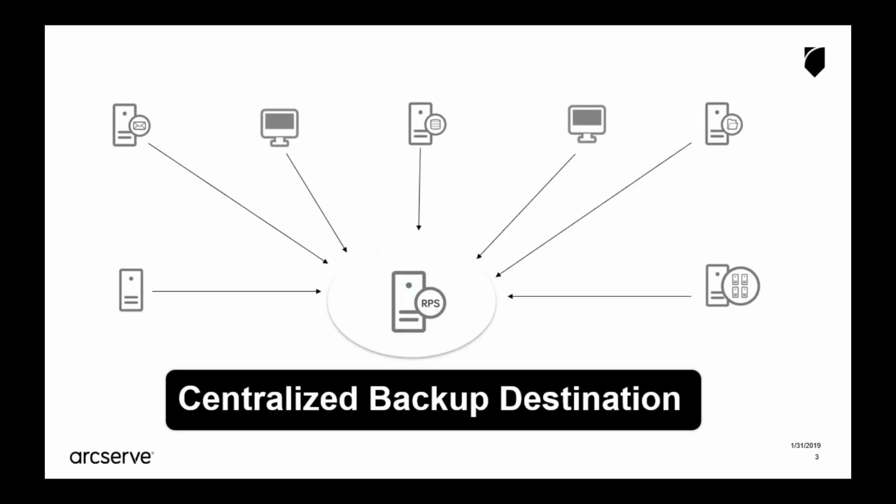To learn about deduplication, first we'll learn about the RPS server. The RPS is a centralized backup destination, which means it is used to store the data of all your servers in the organization, like Exchange server, SQL server, file servers, or any clients. So this will be the main backup destination used for the backups.